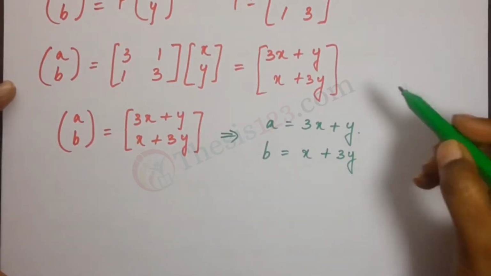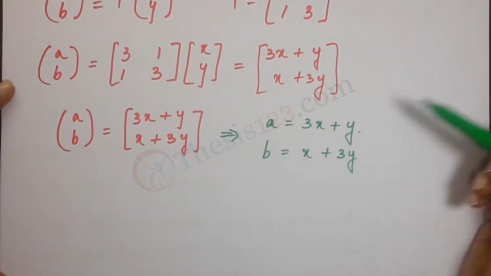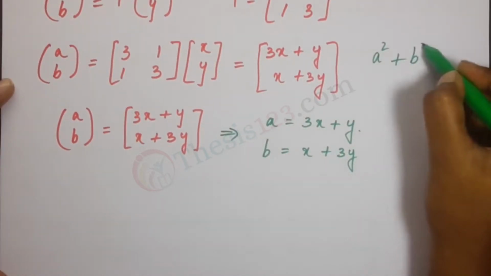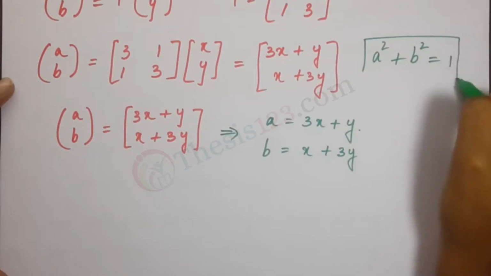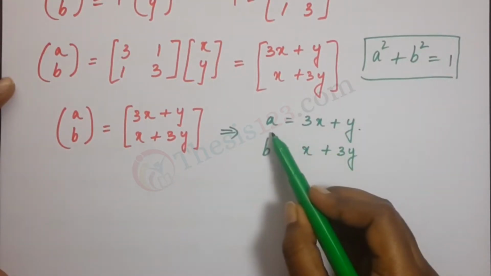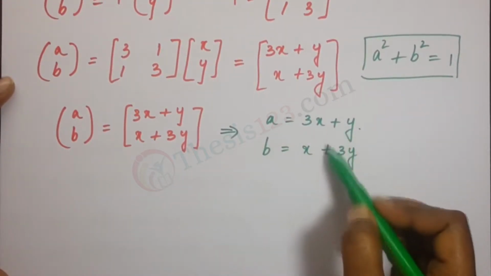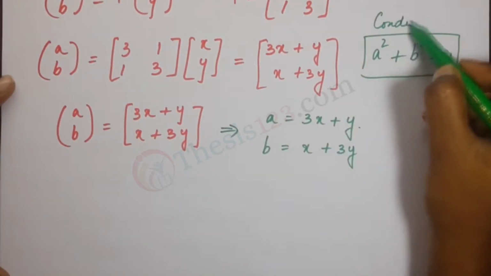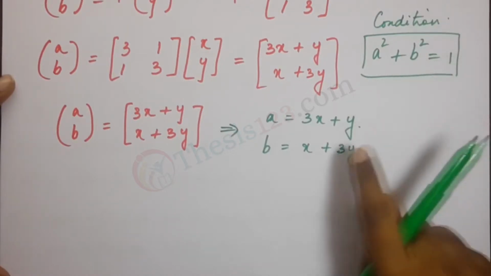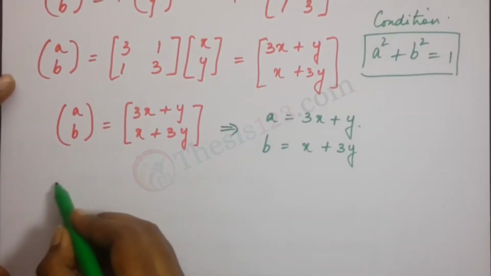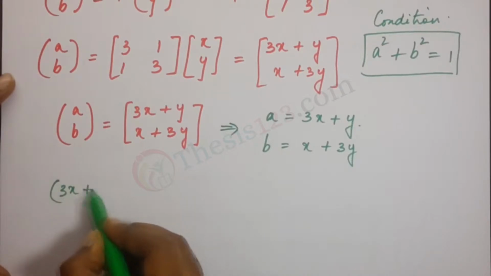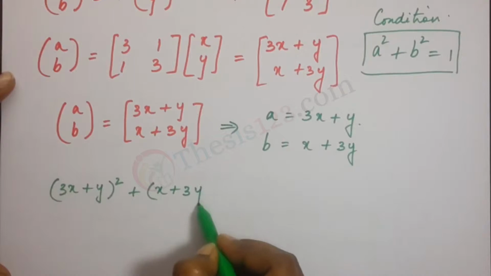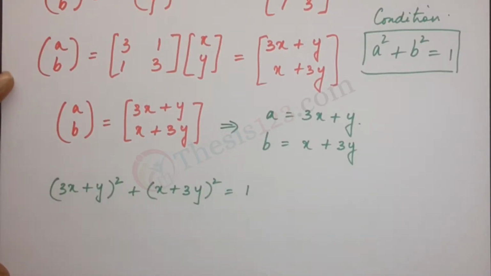Now, in the question we have another relation. The condition given to us is that a square plus b square is equal to 1. Now that we have the expressions of a and b, let's plug both of these expressions into this condition. We'll get 3x plus y whole square plus x plus 3y whole square is equal to 1.